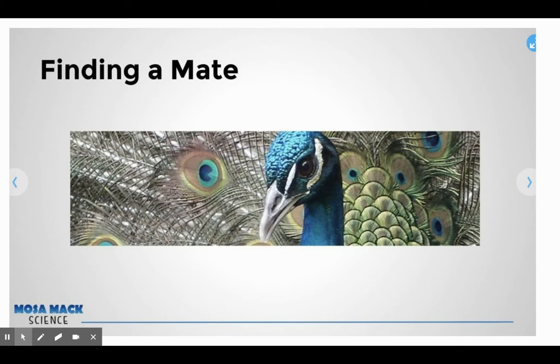Birds are notorious for having flashy displays in the male part of their population to get a mate. And it's not always how they look, but sometimes traits and adaptations related to mating have to do with behavior. Some birds do a flashy dance. Some bucks will fight with another buck to display dominance. So certain traits might not necessarily be what you look like, but also an ability to do something.